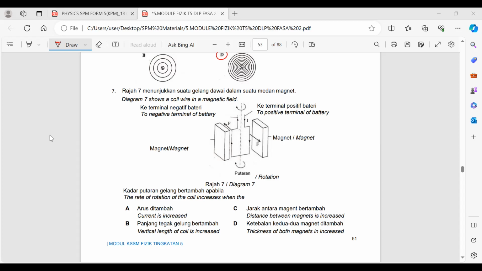So if the vertical length of the coil is increased, no point. If the magnet size is maximum like this, if you increase the length of the coil more than the magnet, no point, because whatever is beyond the length of the magnet is useless. Only the length which is within the magnetic field will have an effect on the magnitude of the force. So if it is longer than the magnet, no point. Therefore, yes, confirmed, the best answer should be A.